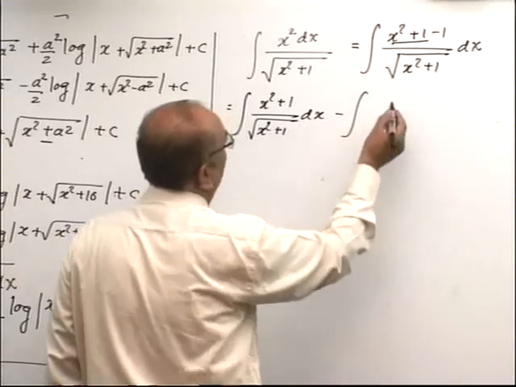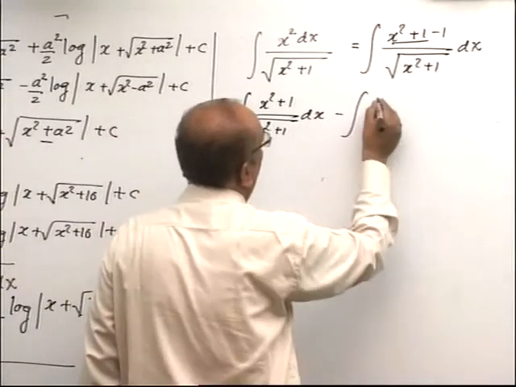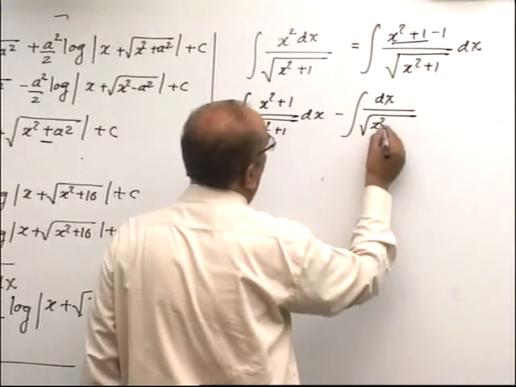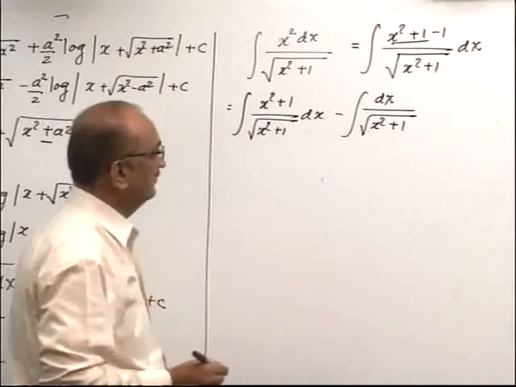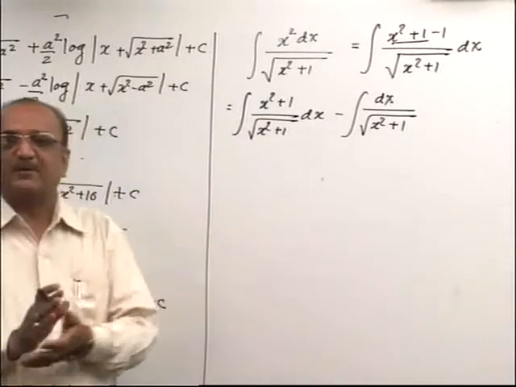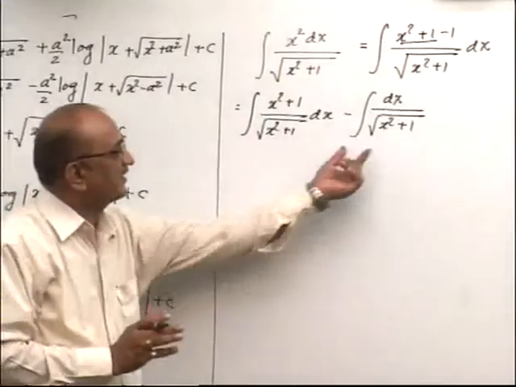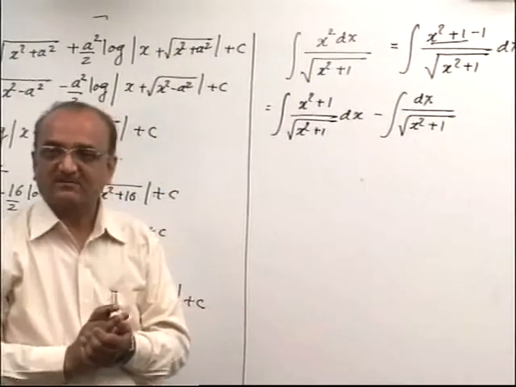Minus integration, minus 1 into dx means dx upon root x square plus 1. This way you can take separate terms: x square plus 1 upon root x square plus 1 dx minus integration of dx upon root x square plus 1.